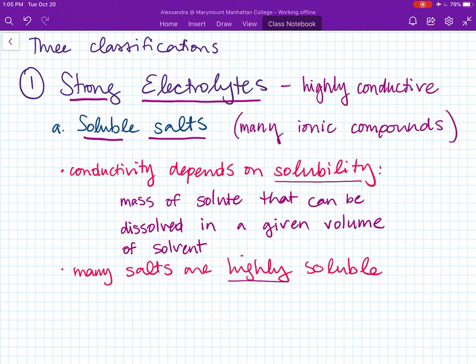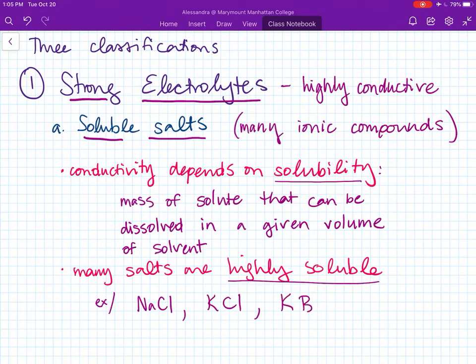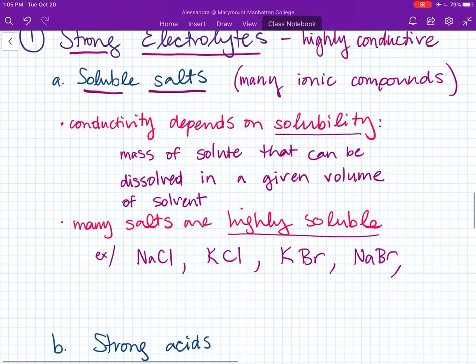Now, like I said, many salts, many ionic compounds are highly soluble. Not all, but many. Some examples of very soluble salts are sodium chloride, potassium chloride, potassium bromide, sodium bromide. We will learn solubility rules a little bit later, but I'm just giving you some examples right now.